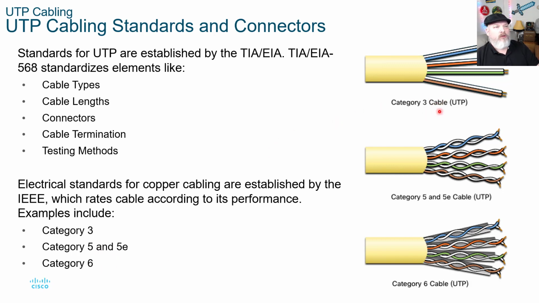An older Cat 3, if you're pulling out cable that's really old, probably 20 years old or more, you might find some Cat 3 cabling. It's not twisted. Cat 5 and 5e is more common of what you'll see today. It's a little bit less expensive than Cat 6, but most of what you're going to see today is some form of Cat 6.